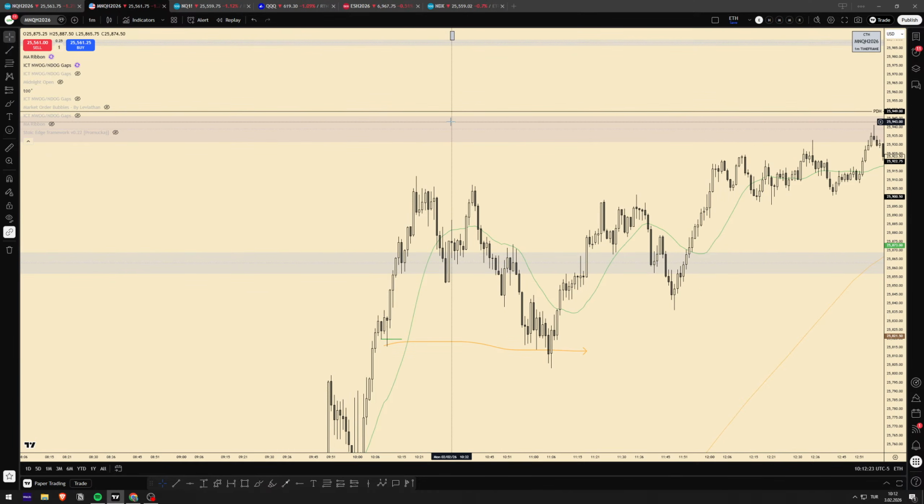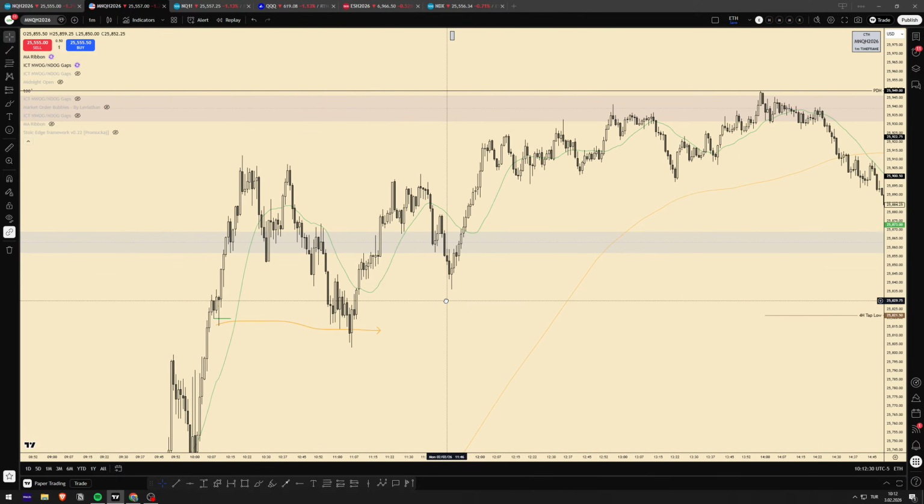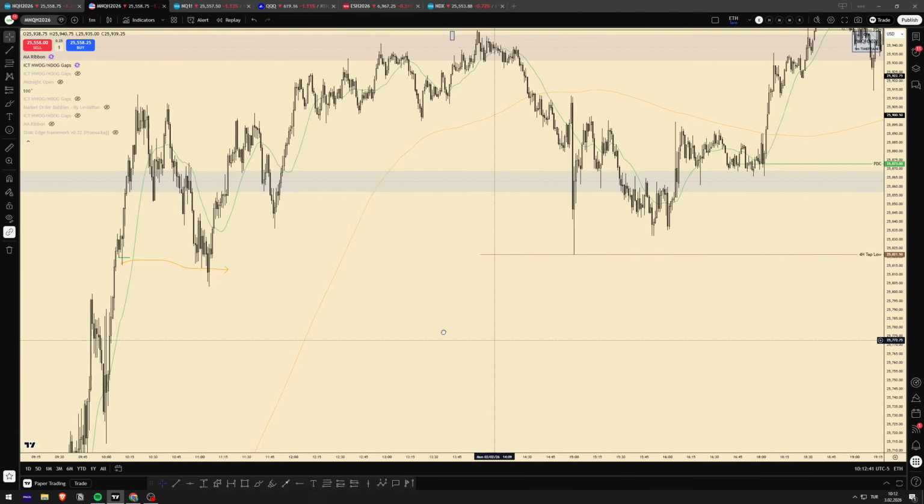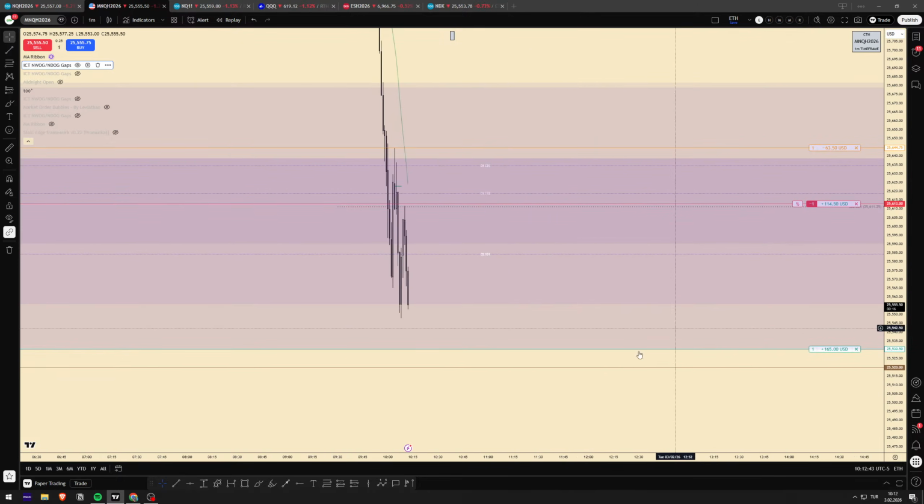My final target was this gap, but as you can see, if I carried my position all the way to this gap, I might get stopped out. So today is pretty much the same.